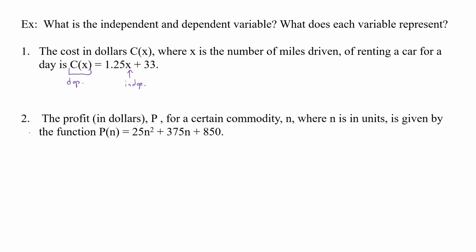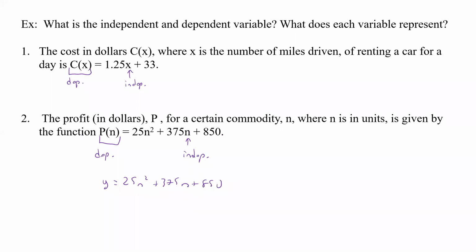And so similarly, this one: the profit in dollars P for a certain commodity, N, where N is in units, is given by the function P of N equals 25N squared plus 375N plus 850. And so here, that whole thing is going to be our dependent variable, and our N is going to be our independent variable, because that's what we plug in for the input, and our output is dependent on what our input is, and that's our P of N. Okay, and really, we could have written this as y equals 25n squared plus 375n plus 850.